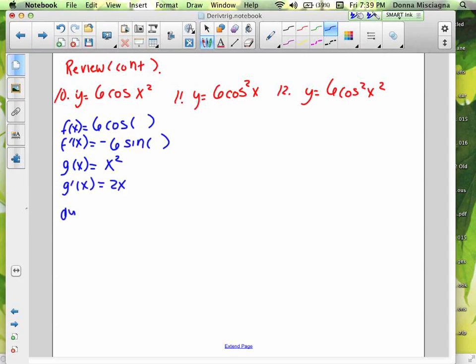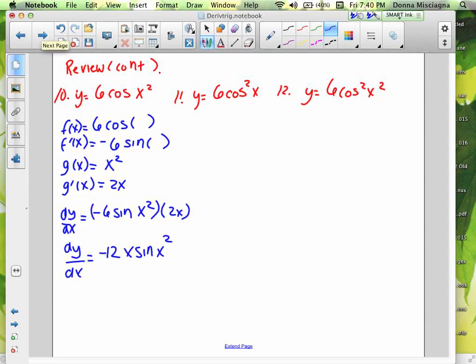So our final derivative of the outside times the derivative of the inside: we have a negative 6 sine, and blop should be an x squared now, times the 2x. Let's just multiply the negative 6 and the 2x together and call that negative 12x sine x squared. And there we go.